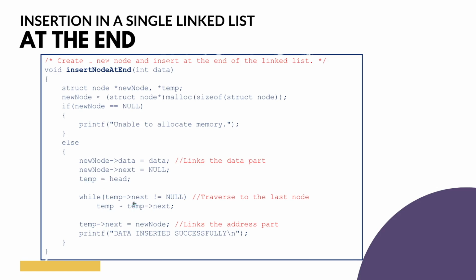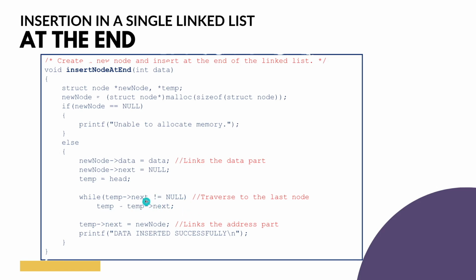So, we are going to start our traversal here, for which we have used a while loop. Here we are going to check the address portion of every node, and we want to ensure whether it is null or not. If not null, it means some other node is following. So, we have to advance our pointer as temp is equal to temp's next, thereby we move to the next node in that list.